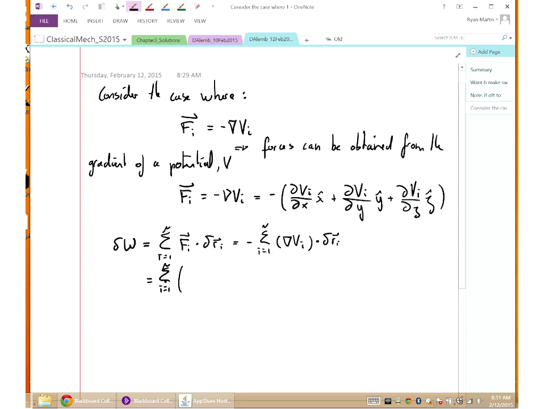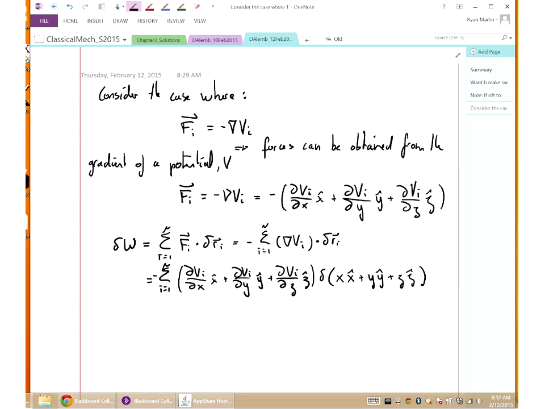And if I plug in what we had, that's the sum from i equals 1 to N of, there's a minus at the front, sorry, dVi by dx x hat plus dVi by dy y hat plus dVi by dz z hat, and that's dotted with delta of Ri, which in Cartesian coordinates is just x hat plus y hat plus z hat.